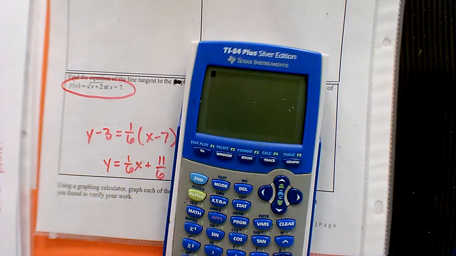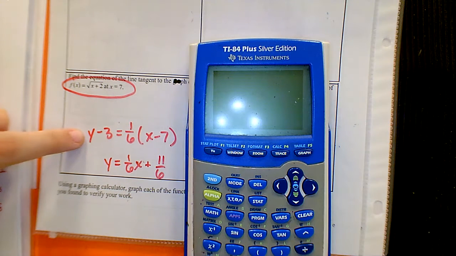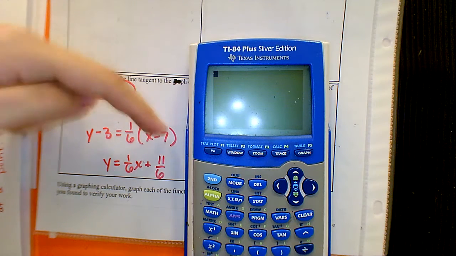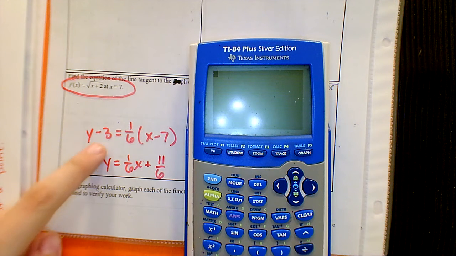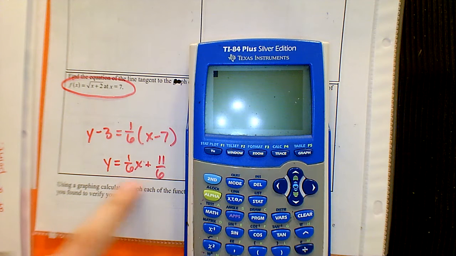So we're going to take a second and just look at this on a calculator. Now, yesterday we left our equation in point-slope form. You could turn it into slope-intercept by distributing in that slope and then moving that point value to the other side. If you did that, you would eventually get this slope-intercept form equation.